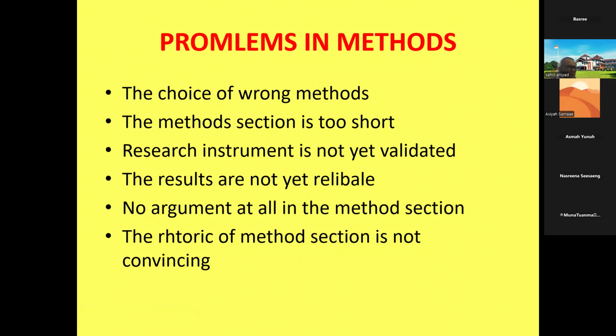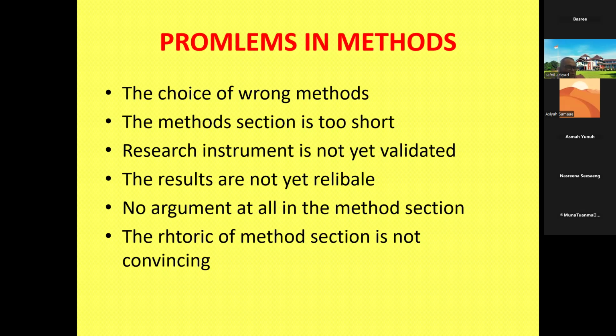For example, if you are going to use a checklist, what will the checklist look like? If you are going to use, for example, a questionnaire, what will be in your questionnaire? What items will be included in the questionnaire and why?